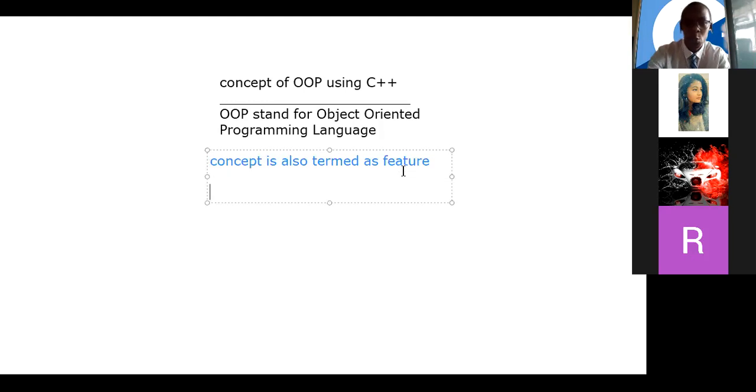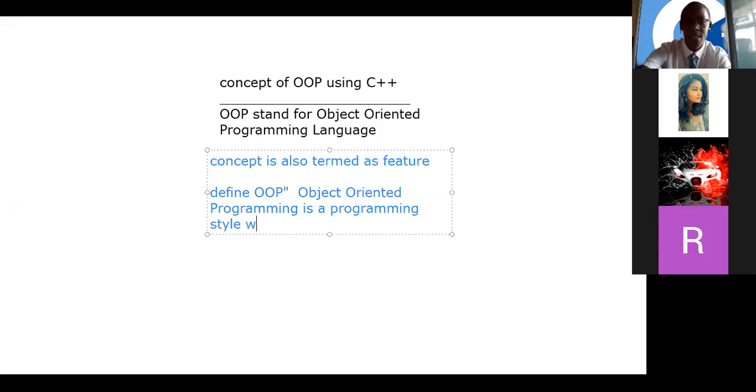When we say OOP, define OOP. When we want to define OOP, or object-oriented programming, object-oriented programming is a programming style which is associated with the concept of class and object.